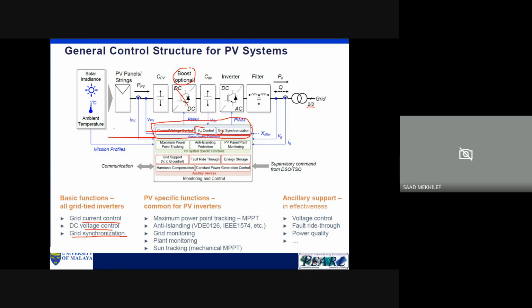Then you can see we take inputs from the weather station, and this weather station gives us the irradiance, the ambient temperature, and so on, and that is used to feed into this. So these are the PV system specific functions and control. We have MPPT, anti-islanding, and PV plant monitoring.